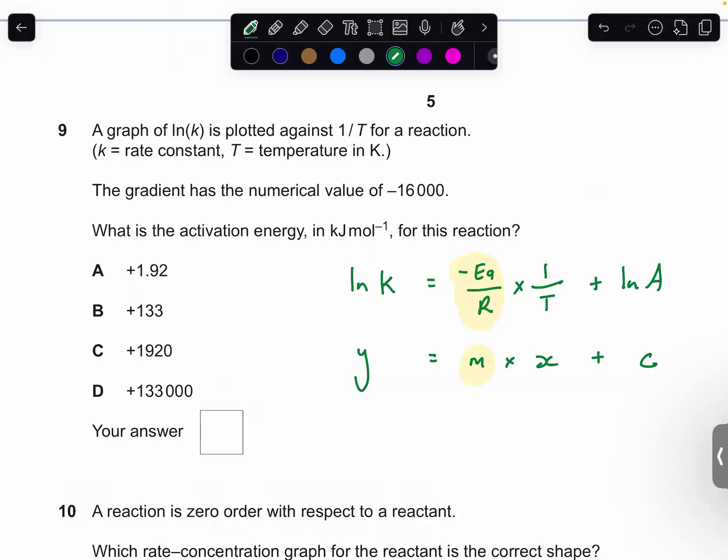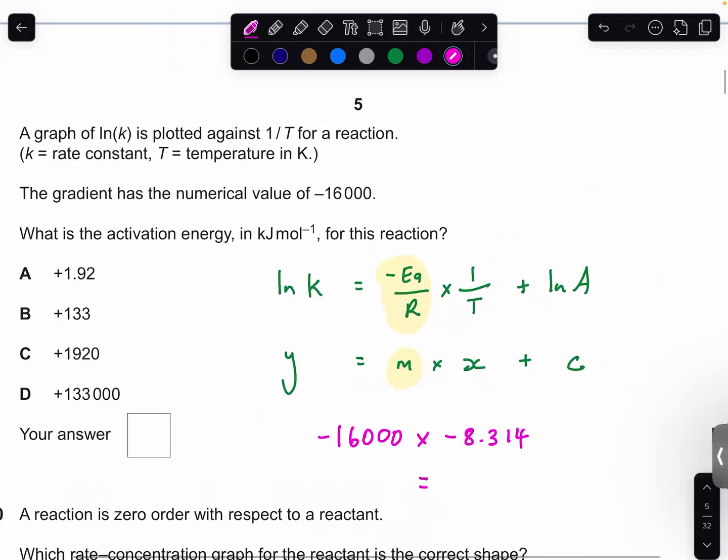And how do we get activation energy? It's going to be minus 1600. We're going to multiply this by minus R, which is 8.314.